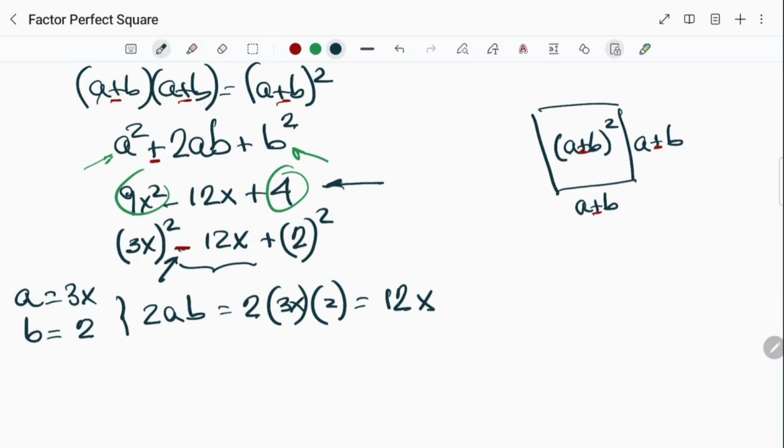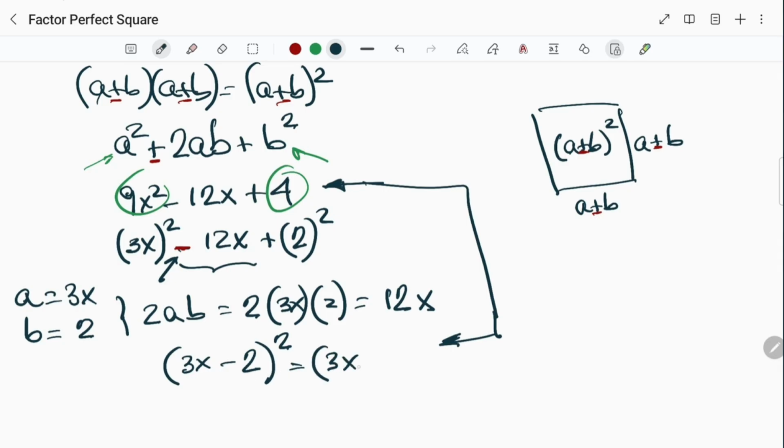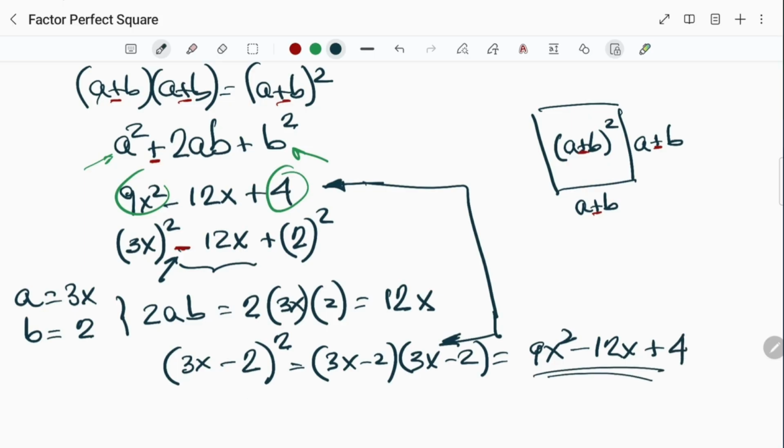That is a perfect square because we can express that expression as a, which is 3x, minus b, which is 2, to the square. If you develop the product of these two parentheses, you get again the original 9x to the square minus 12x plus 4. The answer is a perfect square.